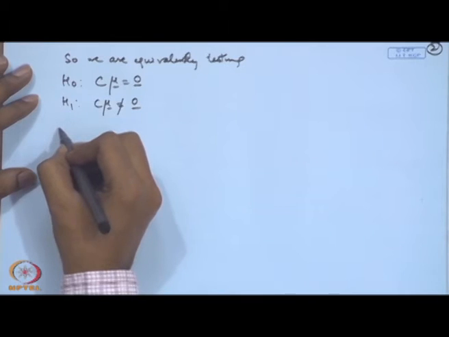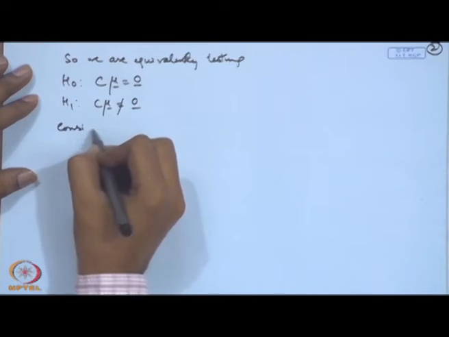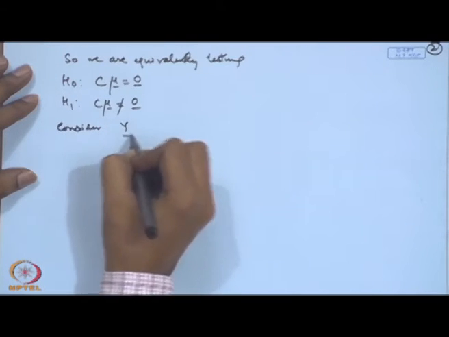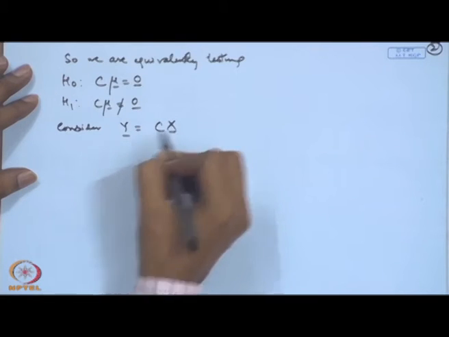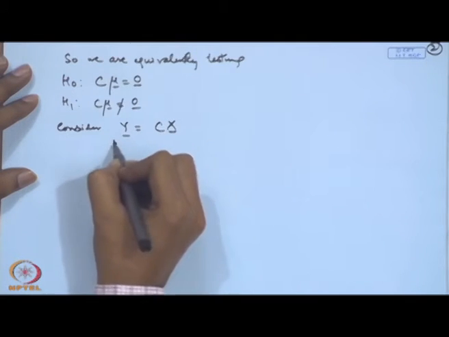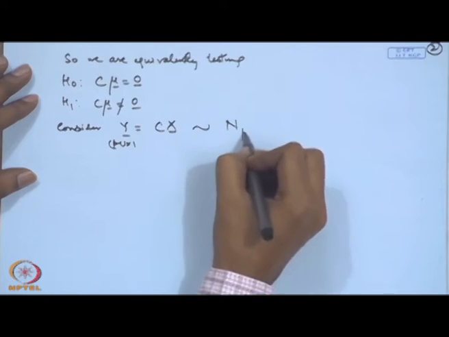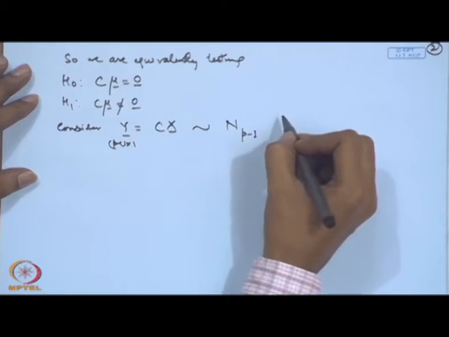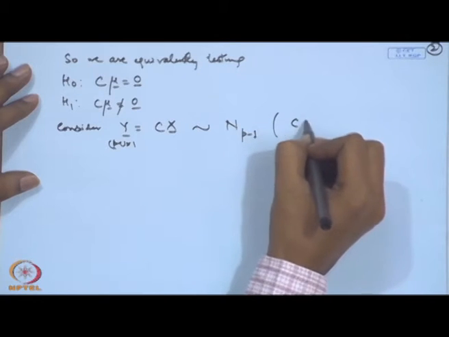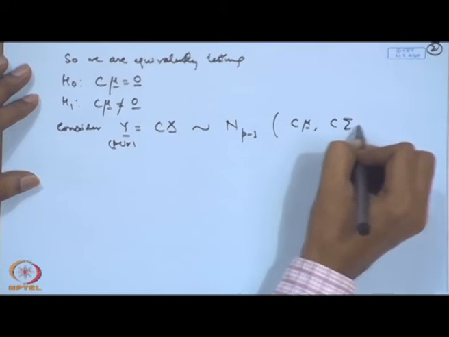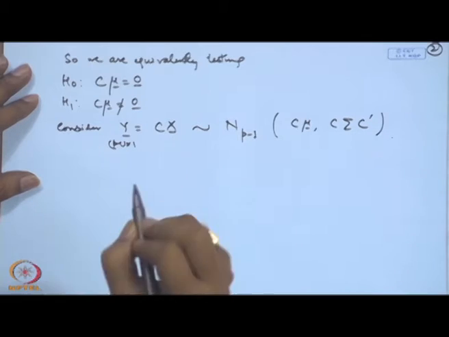So, consider the transformation say y is equal to C x. So, this will become then a p minus 1 by 1 vector, then this will follow N p minus 1, C mu and C sigma C transpose.